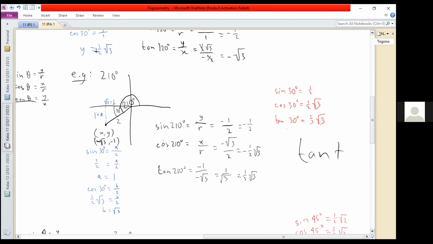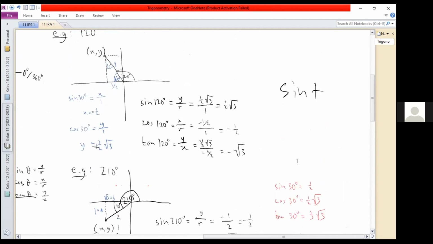So the values are the same, and as long as you know this is the first, second, and third, so this is the third quadrant, and that in the third quadrant only tangent is positive and the other functions are negative, you can get this value easily, right?